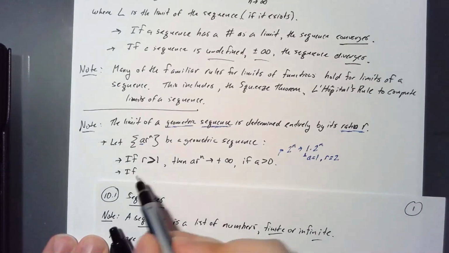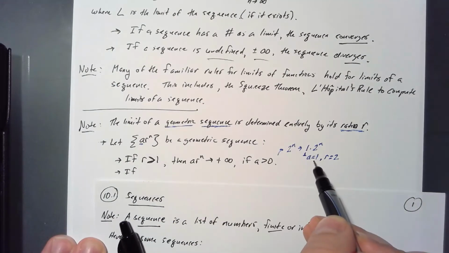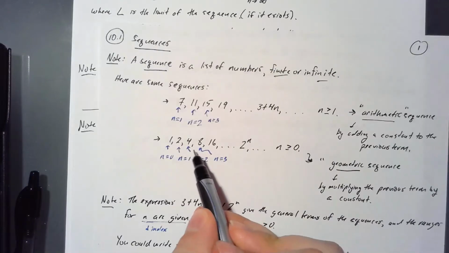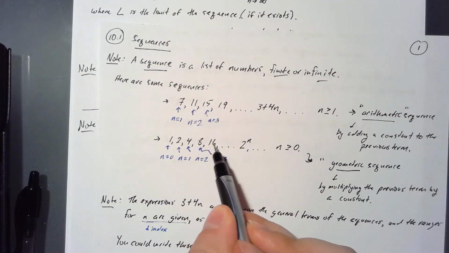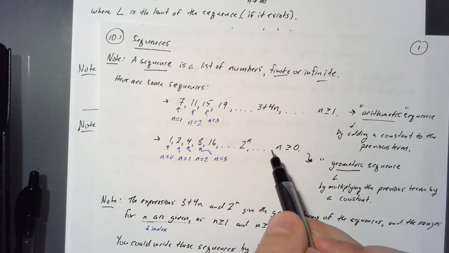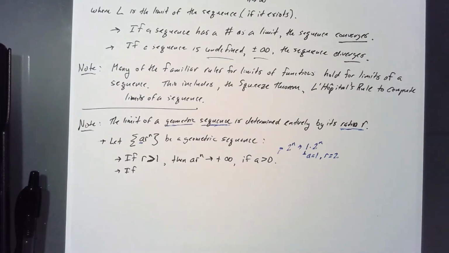So 2 is greater than 1 and a is positive. If I kept listing these terms, the next terms will be 32, 64, and so on. That's going to positive infinity.